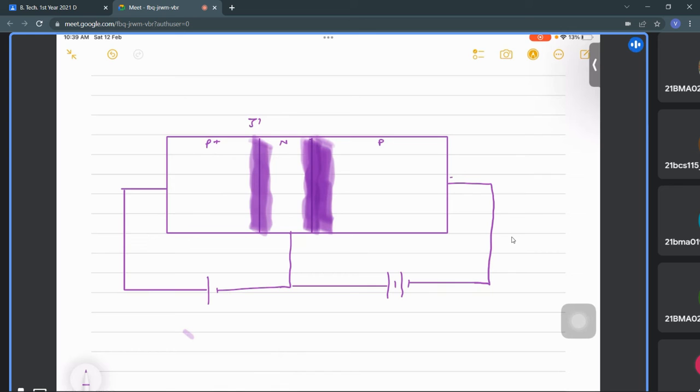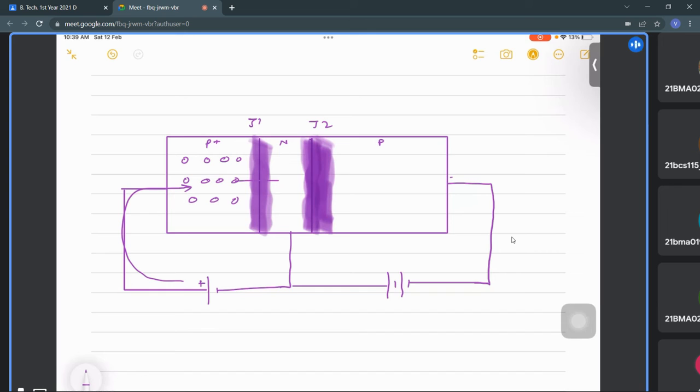This is junction J1, this is junction J2. Okay, so we have again holes here as majority carriers, and this is positive, so definitely it is going to inject the holes into it.